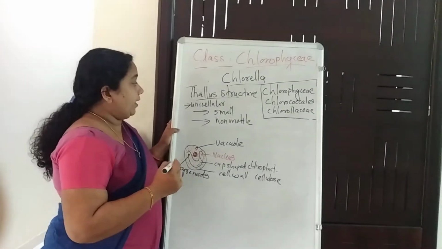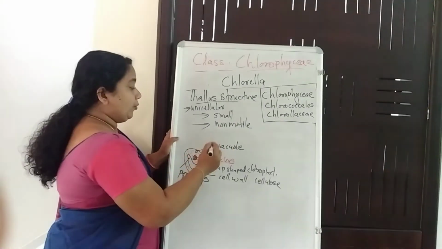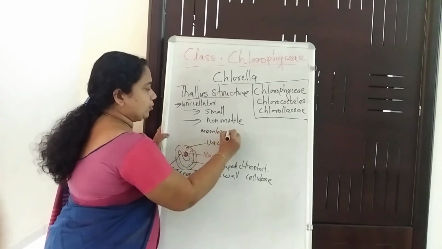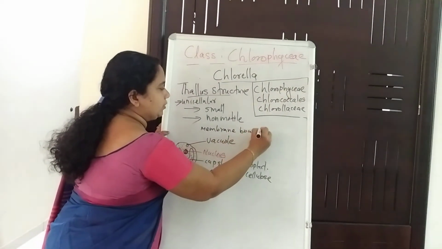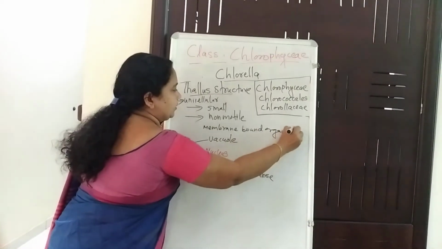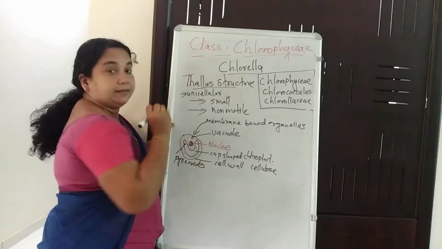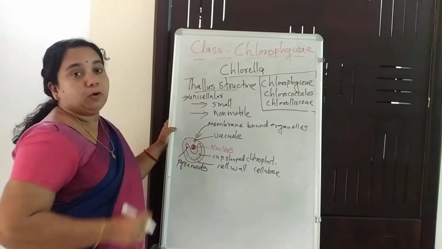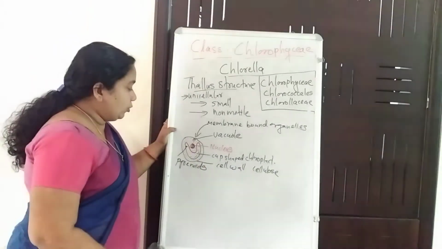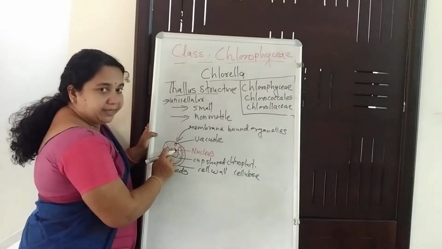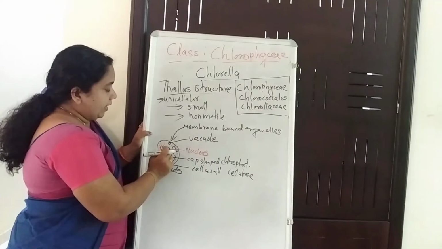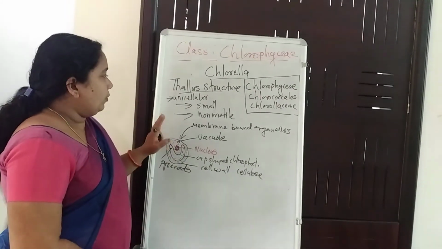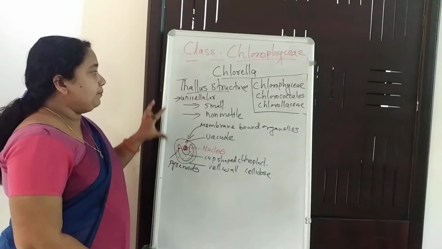Since Chlorella is a eukaryote, we can notice membrane-bound organelles inside the cell, such as endoplasmic reticulum, Golgi complex, and also the nucleus, which will be a special structure as I draw here, that is, a membrane-bound nucleus is noticed. So these are the thallus structure.